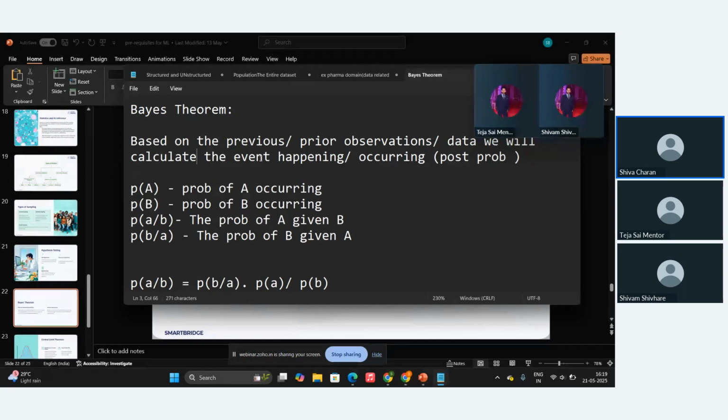So mostly that is about probability. Is it clear, guys? The probability thing, is it clear?